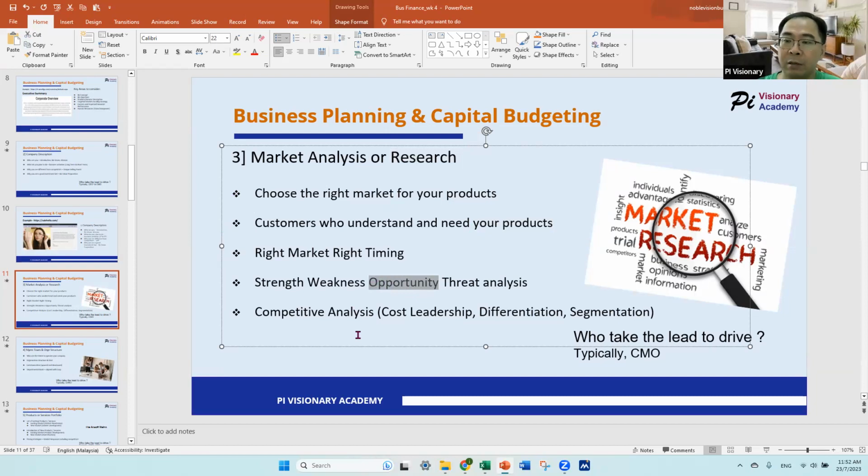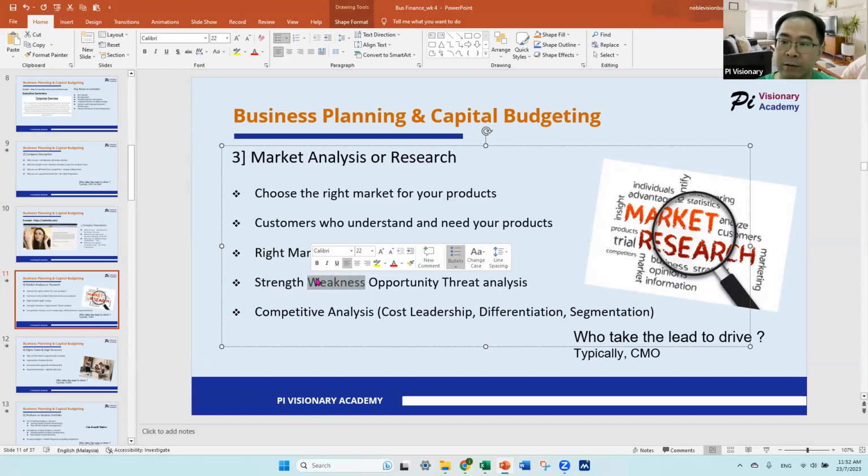That is the external environment. But internally, you also require the support from other departments to identify what are the strengths of your company and department.